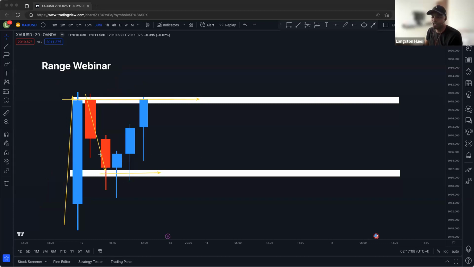Creating this range. So let's say this range, nothing crazy, is about 25, 30, 40 pips.